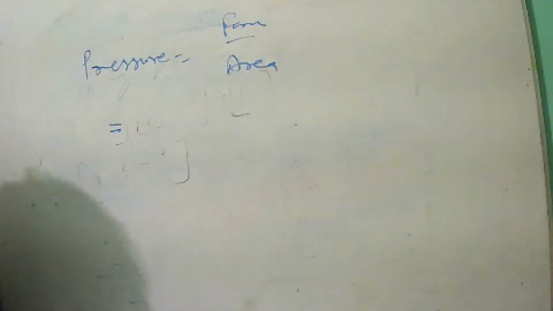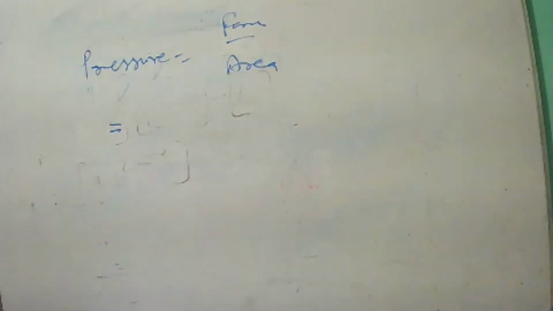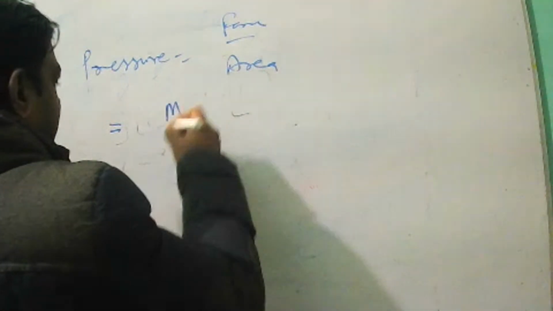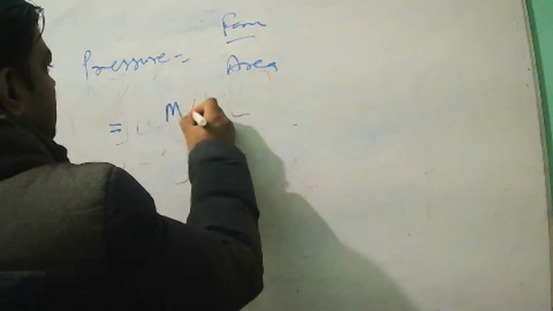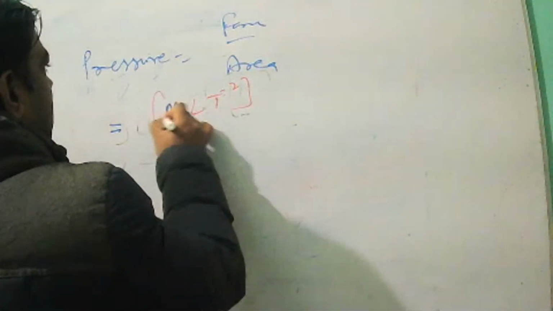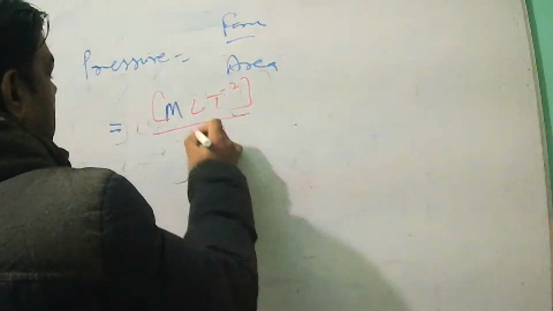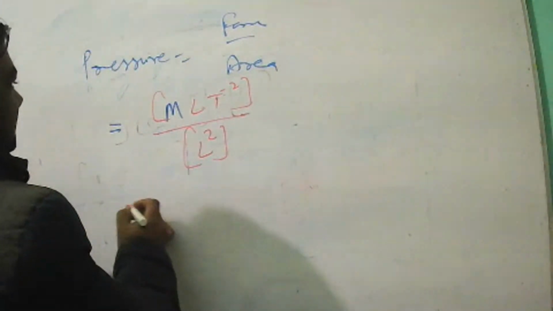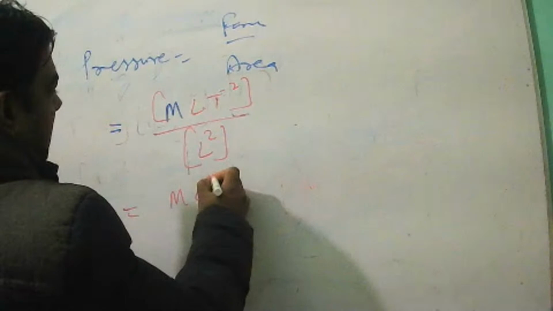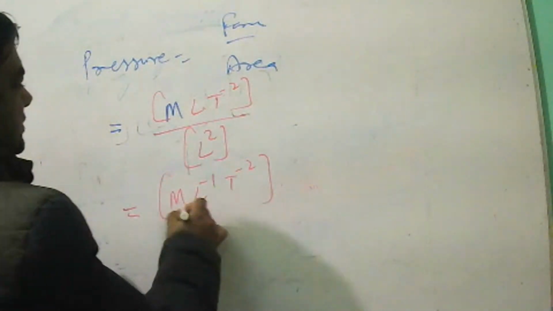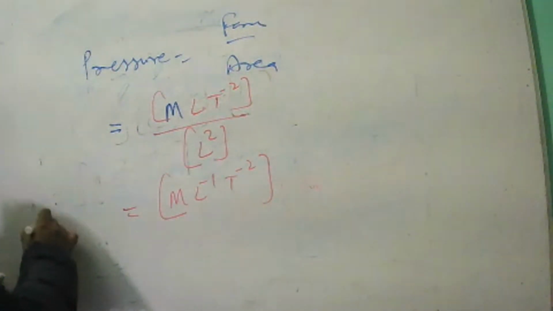So at the place of force, the dimension of force is MLT minus 2. And at the place of area, what do you write? L square. Combine together, it will become M L minus 1 T minus 2. So this is for pressure.